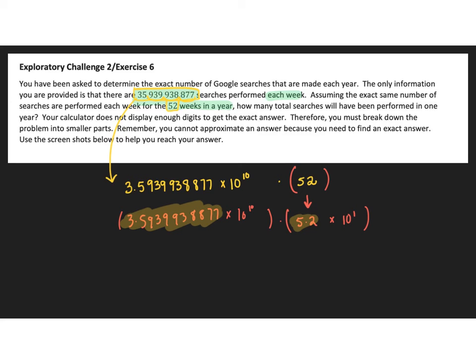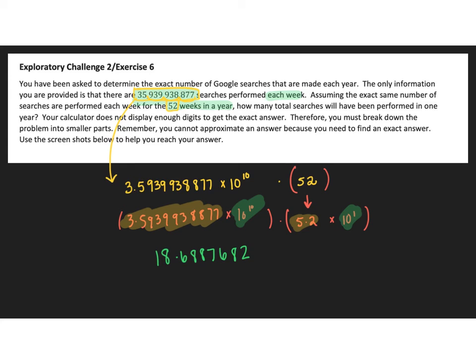3.59393877. Yeah, I can't even fit the sevens. And we're timesing that by 5.2. I get 18.6887682. Okay, and then from there, we're adding the exponents.